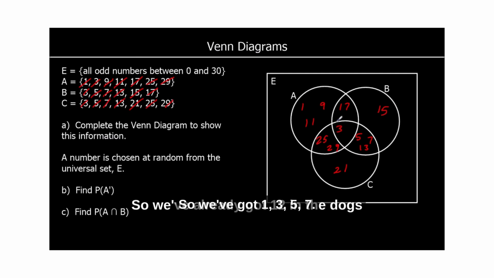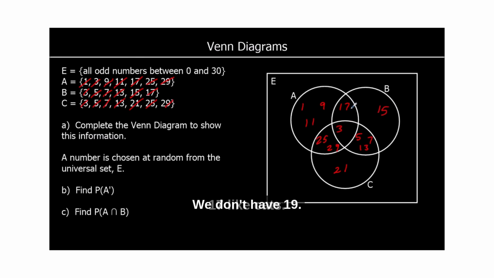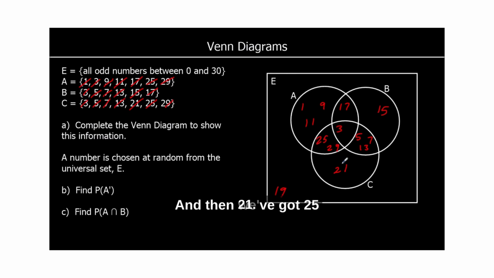So we've got 1, 3, 5, 7, 9, 11, 13, 15, 17. We don't have 19. 19 wasn't in any of them, so that goes on the outside. 21. We don't have a 23 in any of them. We've got 25. We don't have a 27, but we've got 29.